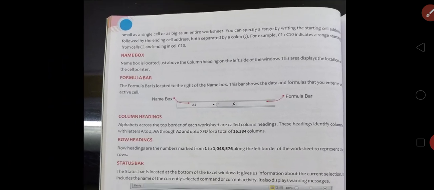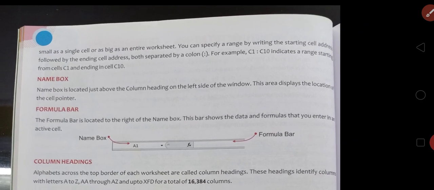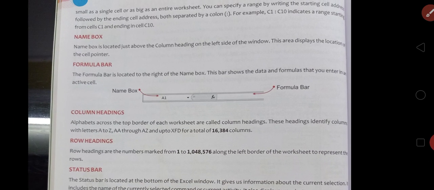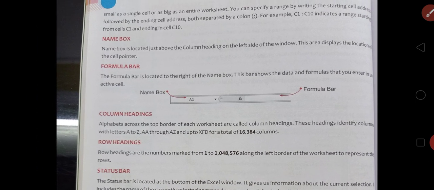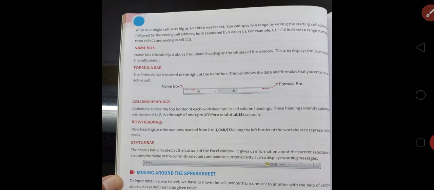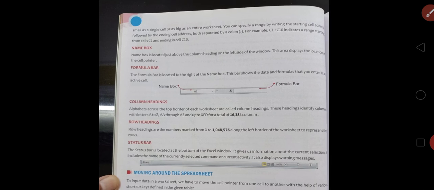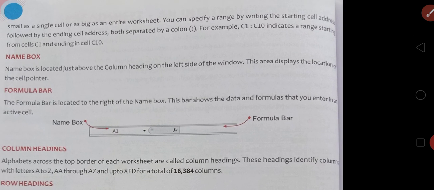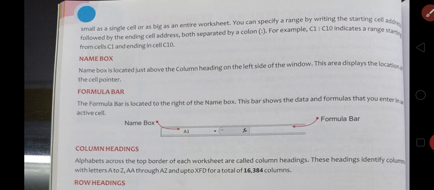And it can be as small as a single cell, or as big as an entire worksheet. So children, you can specify a range by writing the starting cell address followed by the ending cell address, both separated by a colon.